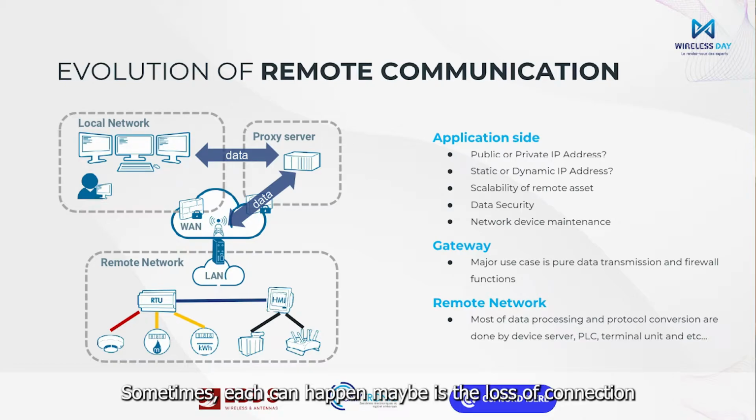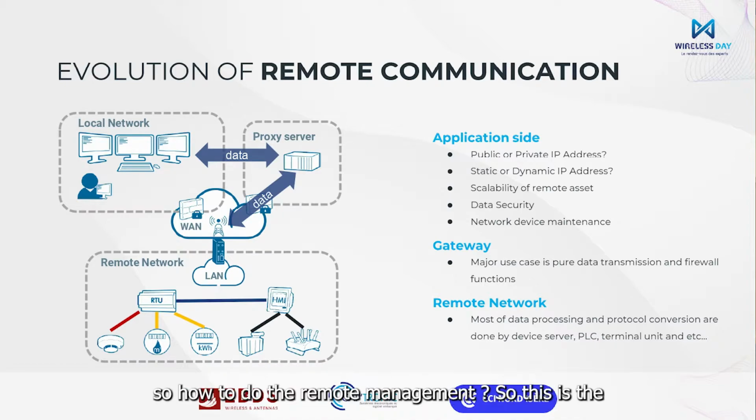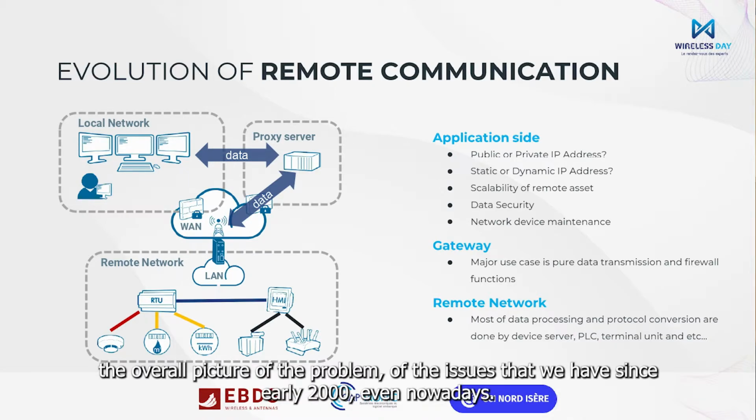Maybe it's a lost connection, maybe some problem with the end device, maybe a problem with the gateway itself, so how to do the remote management. So this is the overall picture of the problems that we have had since the early 2000s, even nowadays.